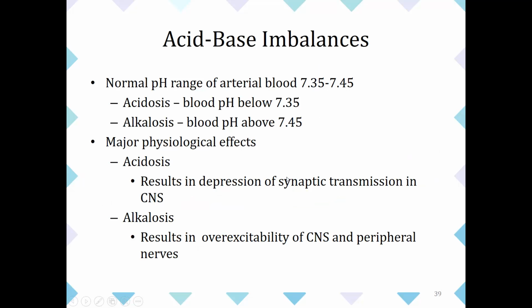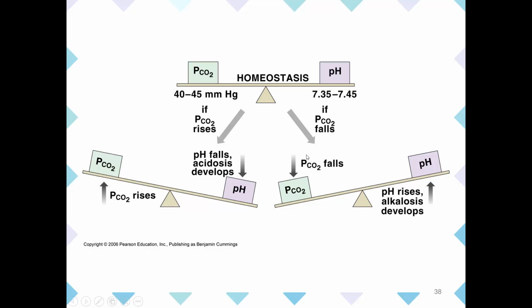If PCO2 falls, the reaction shifts this way because now we have an excess of the products. We have an excess of hydrogen ion, and it pushes the reaction back to the left. Alkalosis will then develop because the pH goes up.